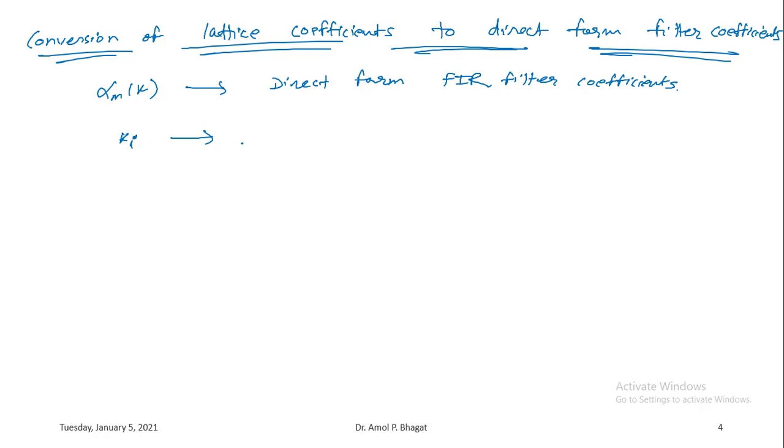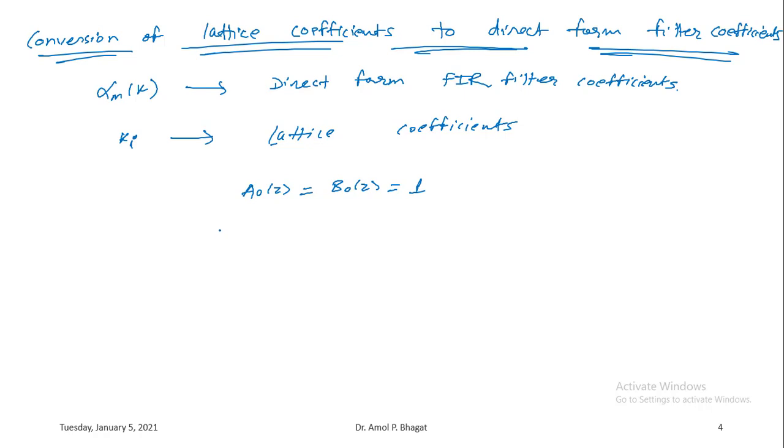So this ki indicates the lattice structure coefficients. Okay, so for obtaining these direct form coefficients from lattice coefficients, you can use this equation as a0 of z is equal to b0 of z is equal to 1, right? So this a0 of z is nothing but the given equation or system function, right?